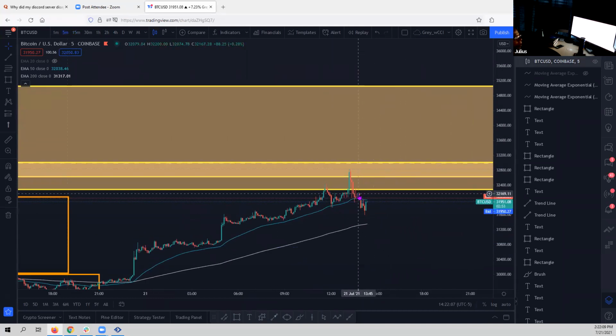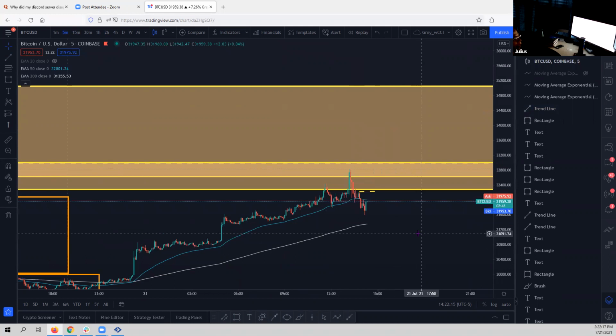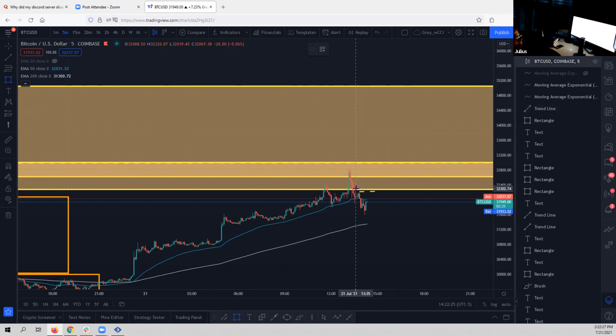So you see here, this is a 5-minute chart. You see this order block right here. You'd put your stop right there, just above it. And that's it. It's a very tight stop loss, so your risk is minimum.